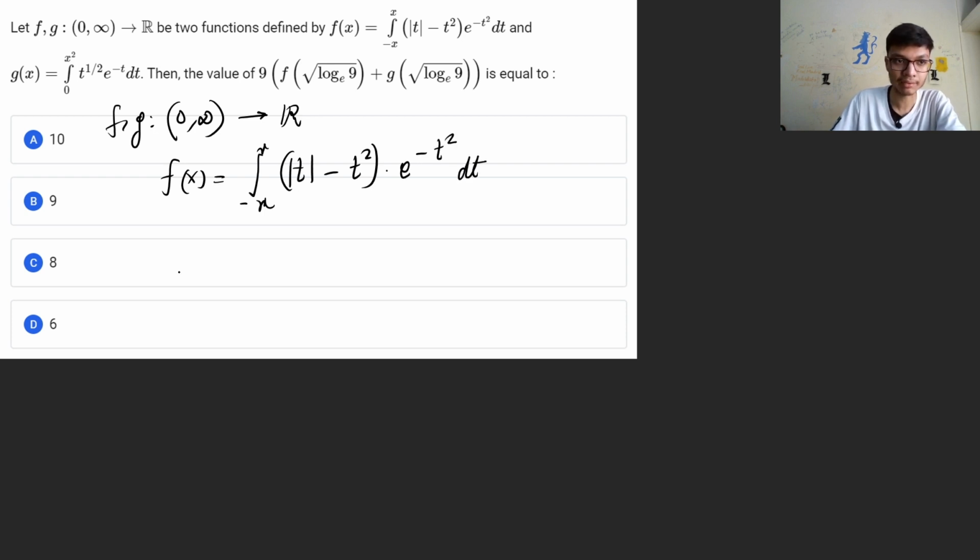Similarly, g of x is defined as the integral from 0 to x square of e to the power 1 by 2 into e to the power minus t dt.